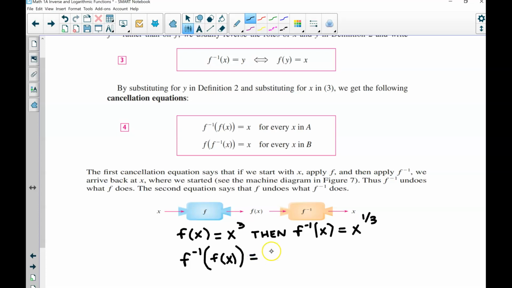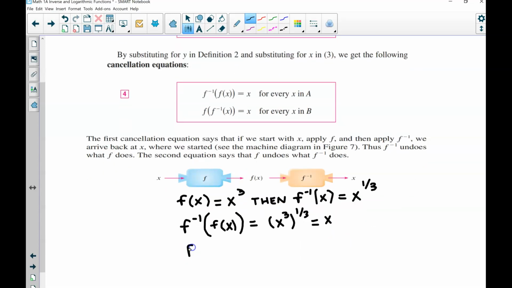Well, that means that the input is x cubed for the function f inverse. So we saw that where you have x cubed raised to the 1/3 power, and that would give us the value of x.